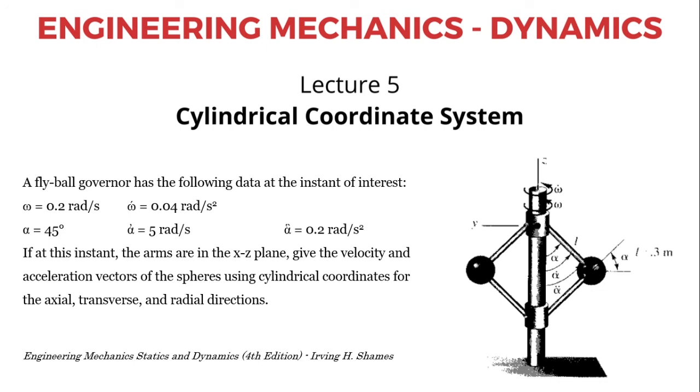If at this instant the arms are in the xz plane, give the velocity and acceleration vectors of the spheres using the cylindrical coordinates for the axial, transverse and radial direction.